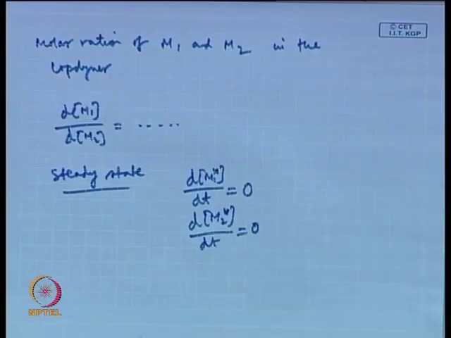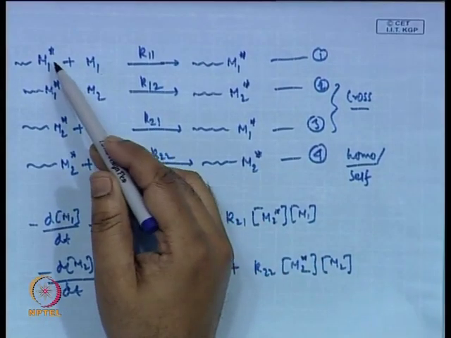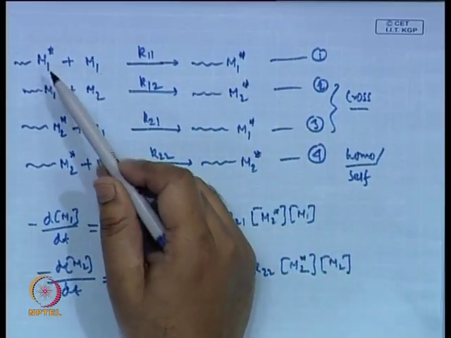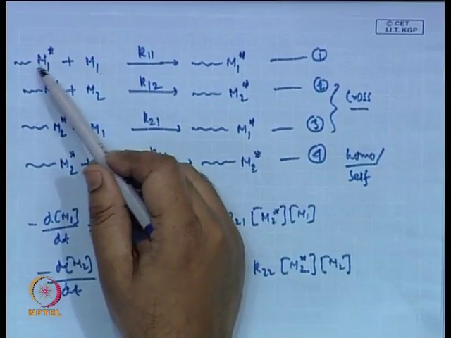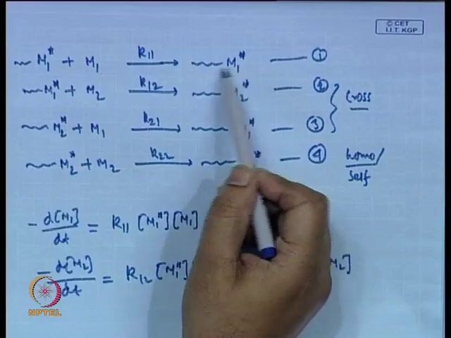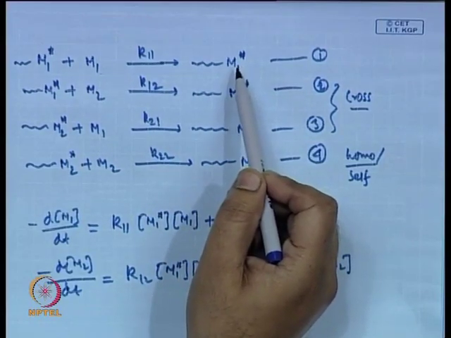Now, in reaction 1, one M1 star is getting consumed and one M1 star is forming. So, they are not changing the concentration of M1 star.